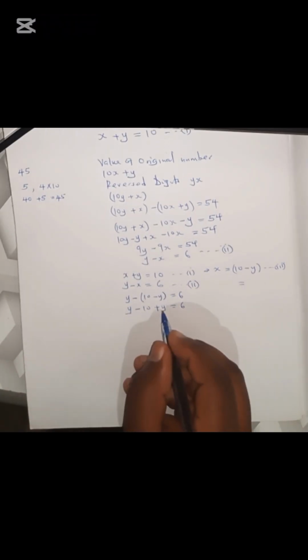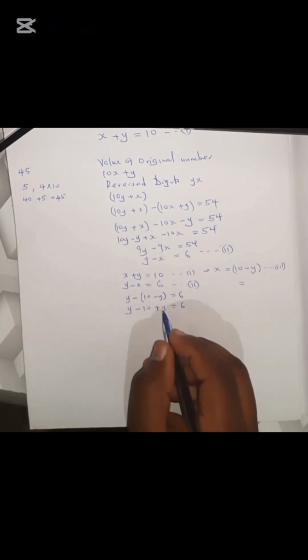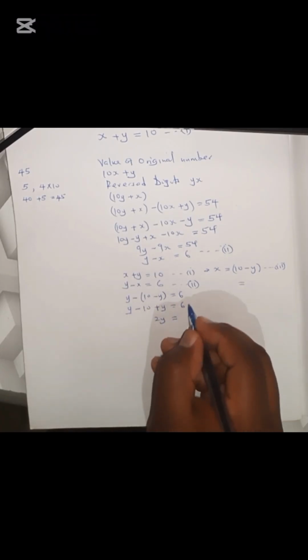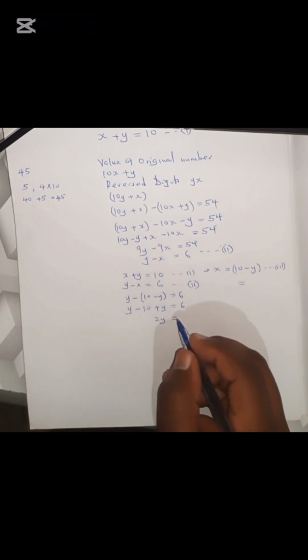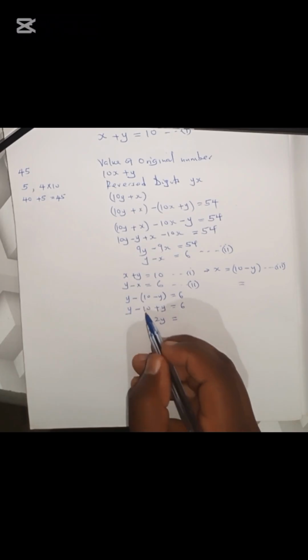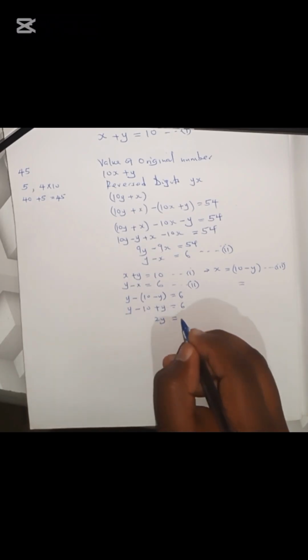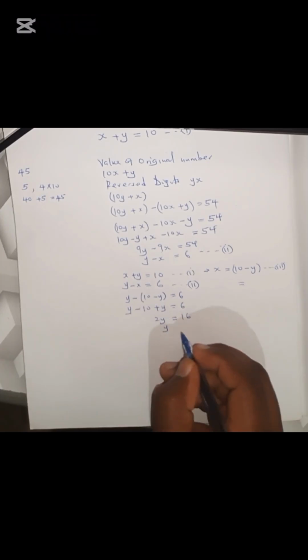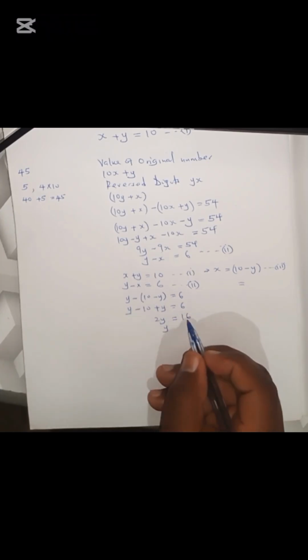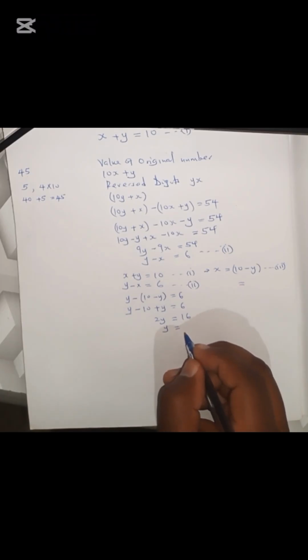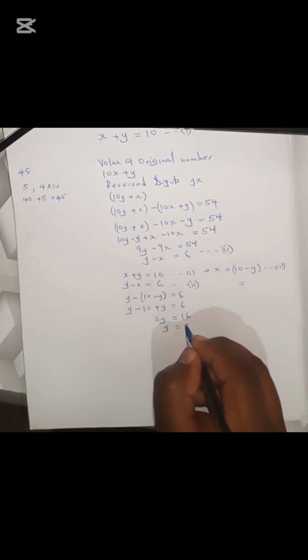So we can collect the like terms here so that you have y plus y, that is 2y, equal to, if this one crosses equal sign, then we are going to have a plus, or we simply add 10 on both sides, so that 10 plus negative 10 is 0, and 10 plus 6 is 16. So you have 16 here. Then you have dividing both sides by 2, then we are going to have the value of y as 8.